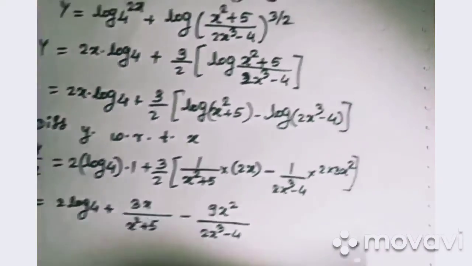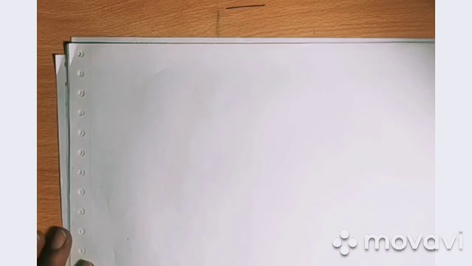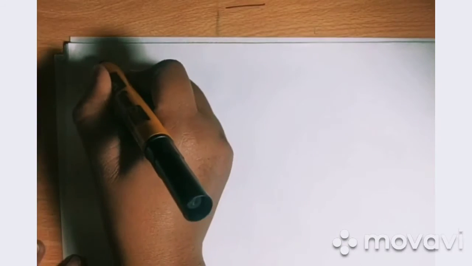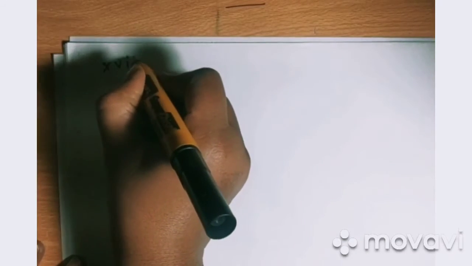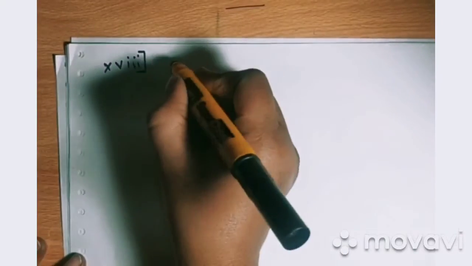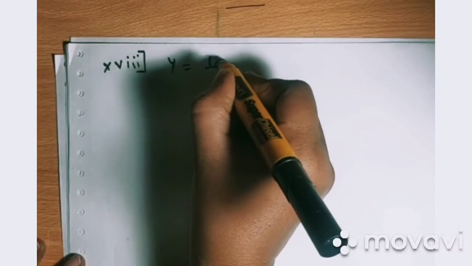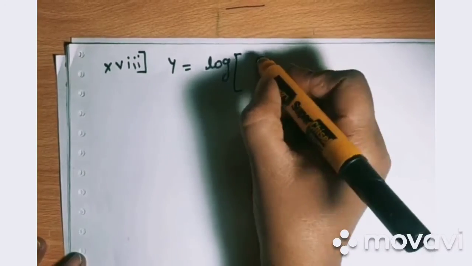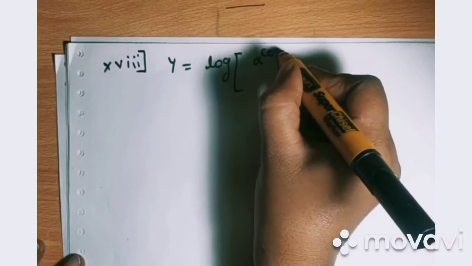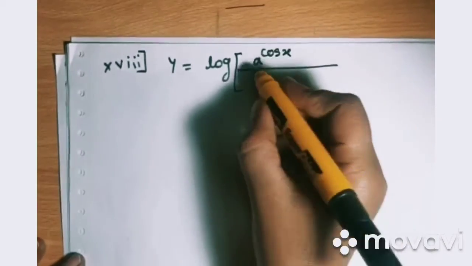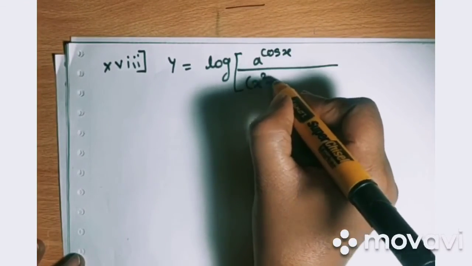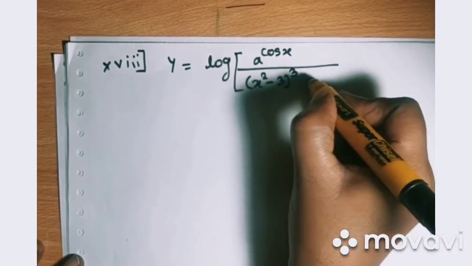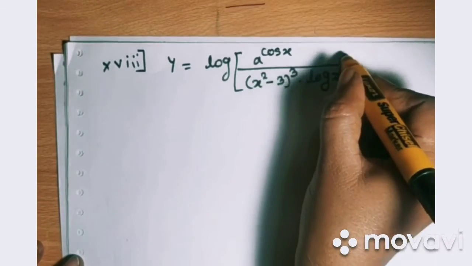Let us start the 18th example, that is y is equal to log of a raised to cos of x divided by x square minus 3, bracket cube into log of x.